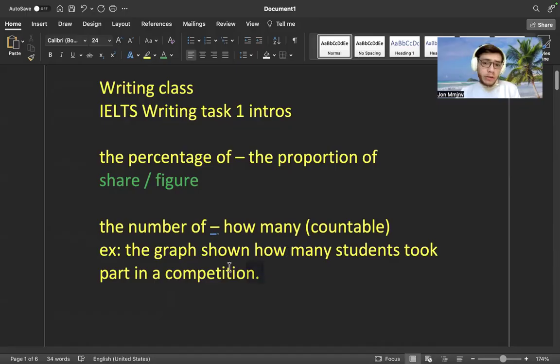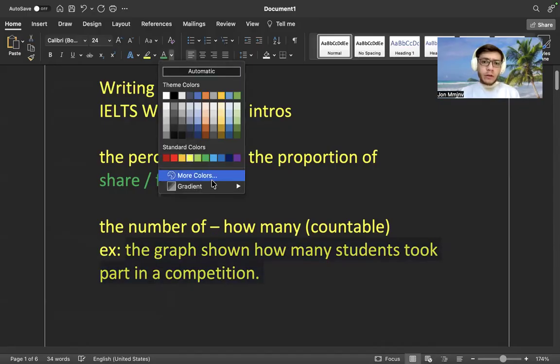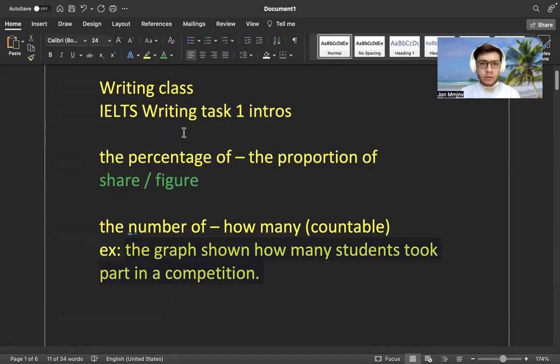I can also rewrite this in another way that looks a bit different. So this is the first example I have.